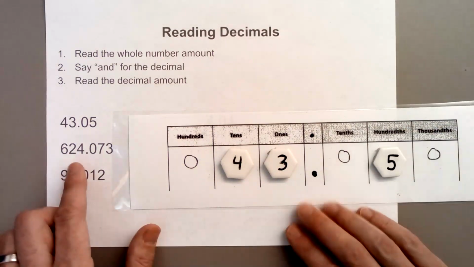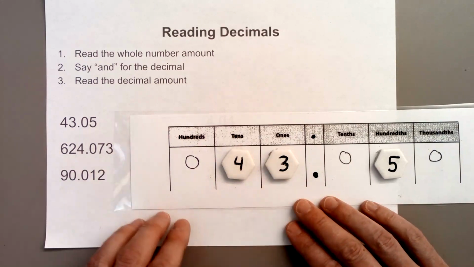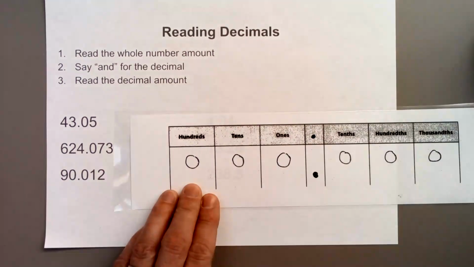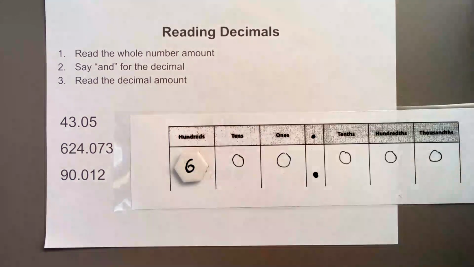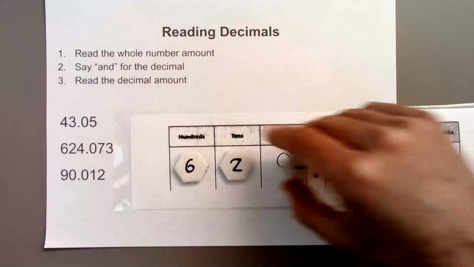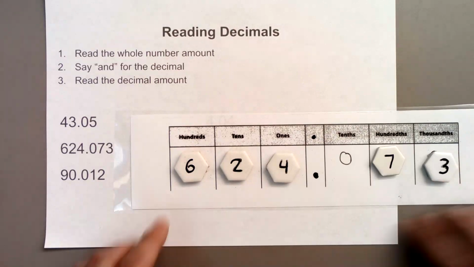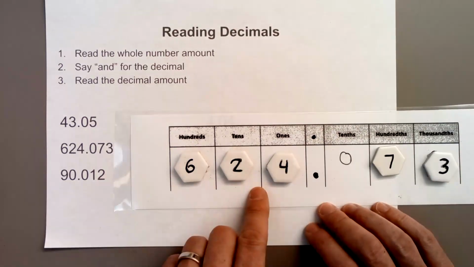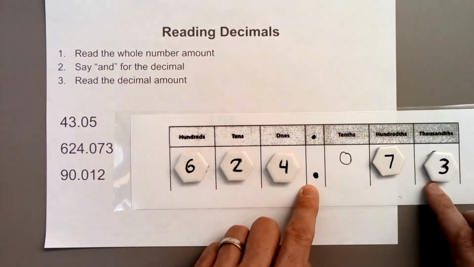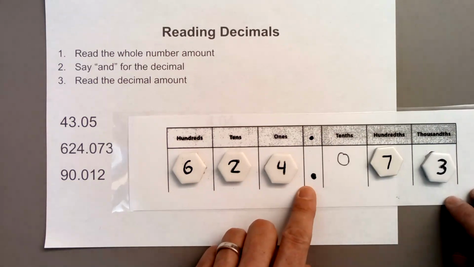Okay, now you try each of these before you see me make them. See if you can read them while I make them. All right, did you read it like this? 624 and 73 thousandths. That's 73.